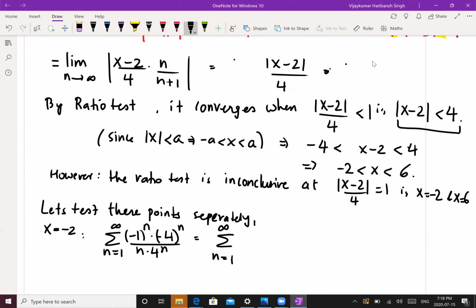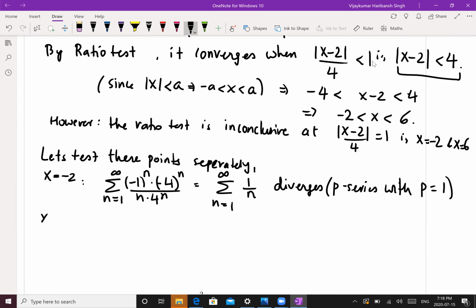So 4^n will cancel with this 4^n. So you have 1 upon n, which diverges. Yeah, p-series with p equals 1. So it diverges.